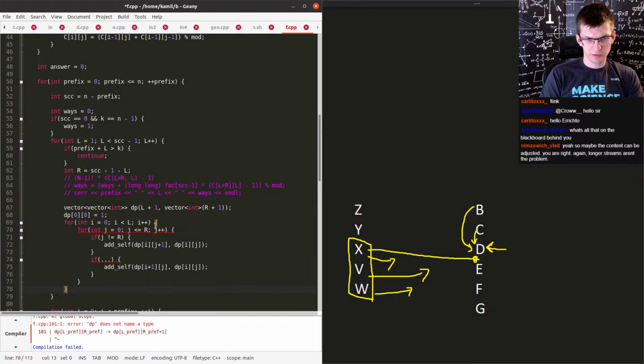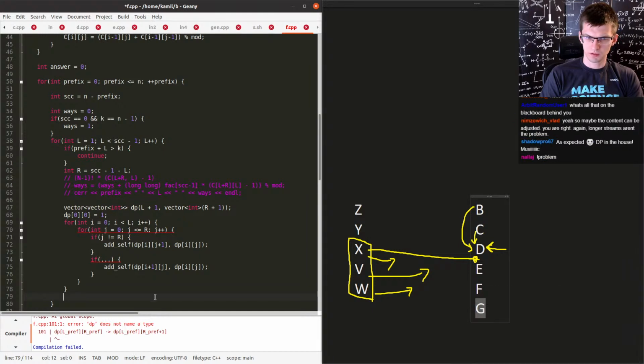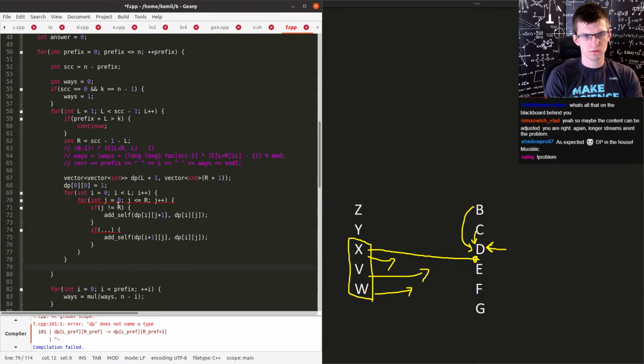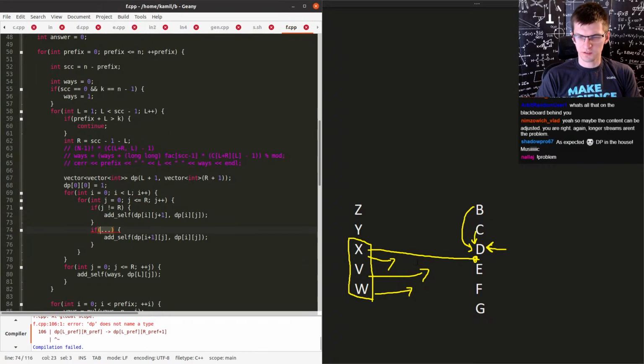Also the answer will be the sum of dp of L. We will also need to check G. Maybe not. That, and now what's left is the if.